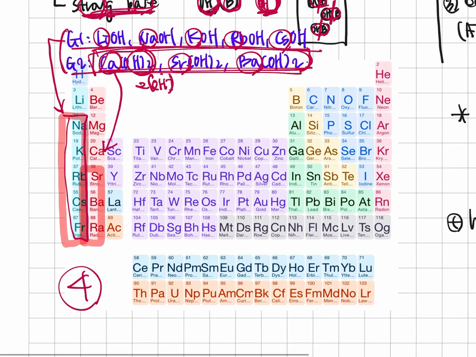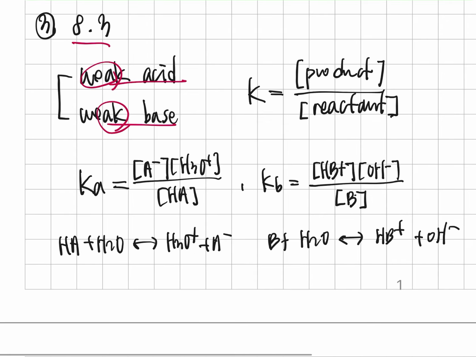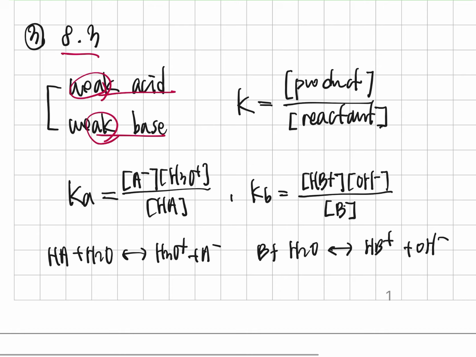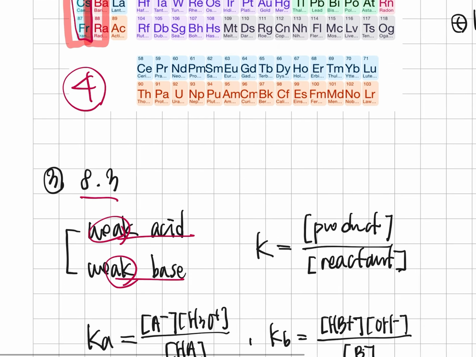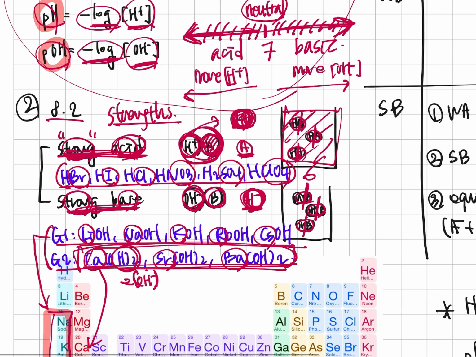Now onto the weak acids and weak bases. In the case of strong acids and bases, they dissociate 100%.